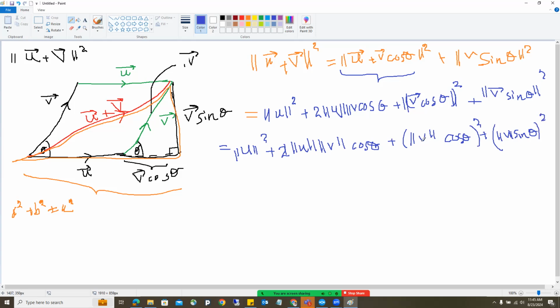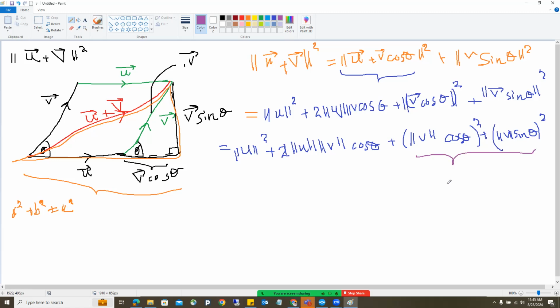Here the magnitude of v is common, so we can take this out, and the remaining part is cos squared theta plus sin squared theta. Cos squared theta plus sin squared theta is equal to what? 1.